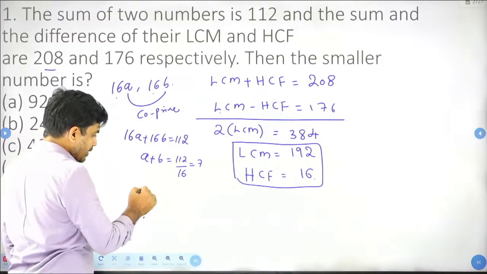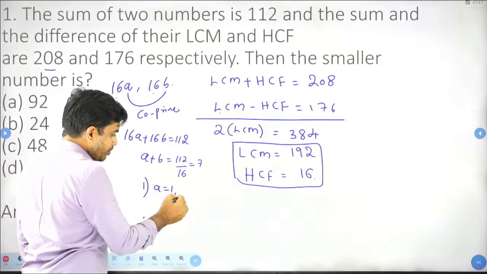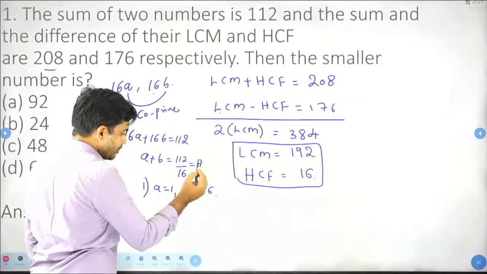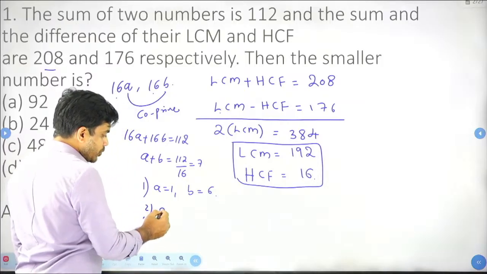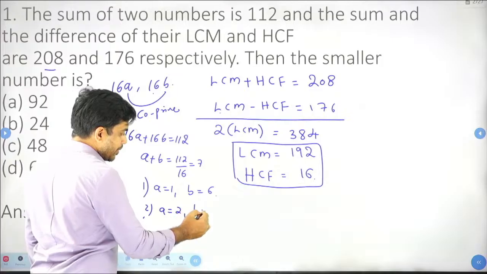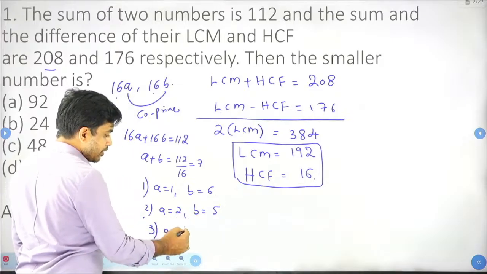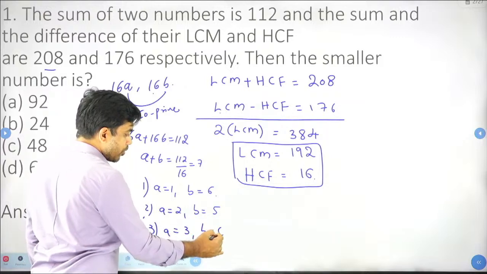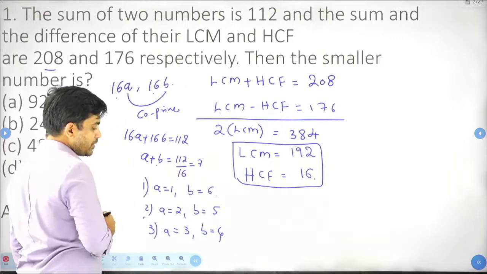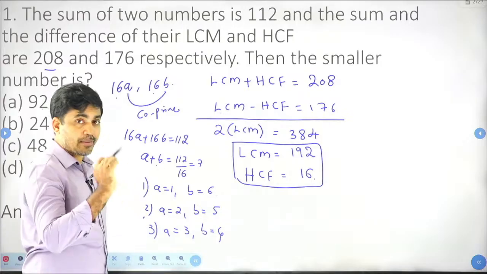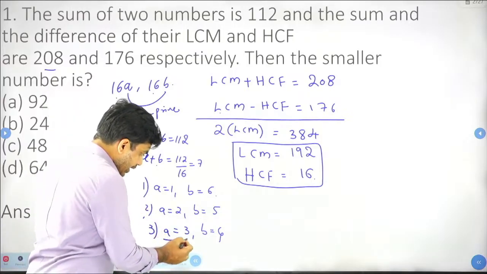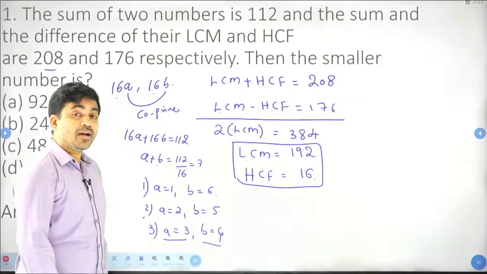There are many cases. Like a may be 1, in that case b will be 6. A may be 2, in that case b may be 5. A may be 3, b may be 4. You have to maintain the sum equal to 7. For example, if a is 3 and b is 4, what are the numbers?